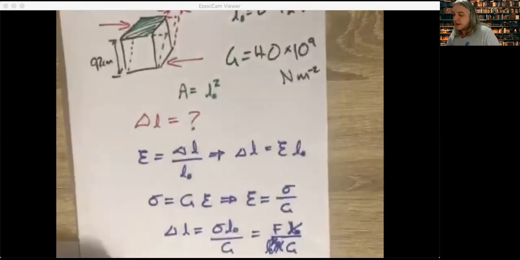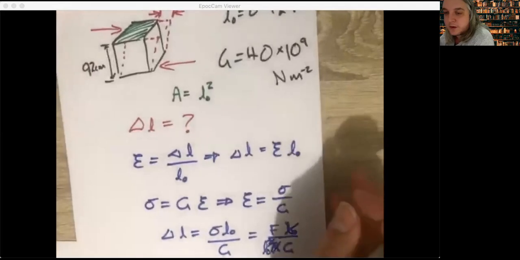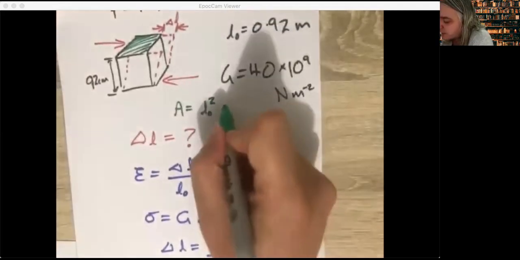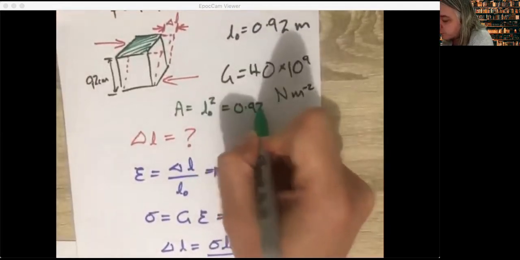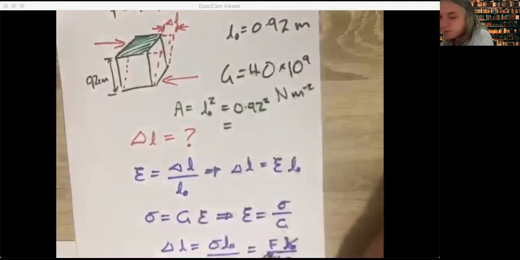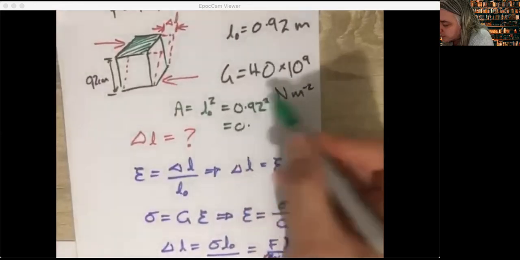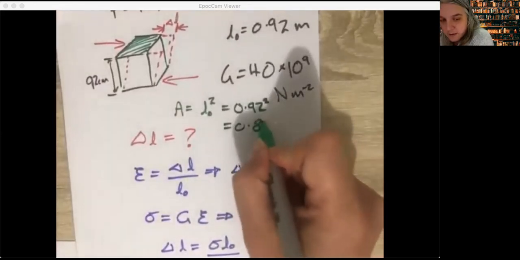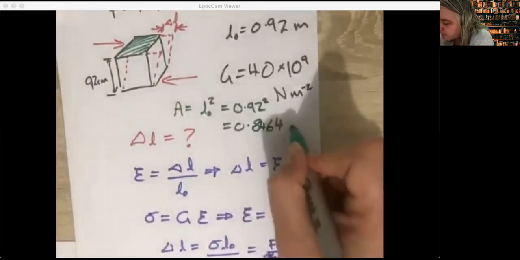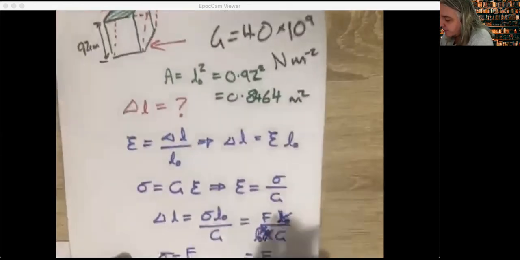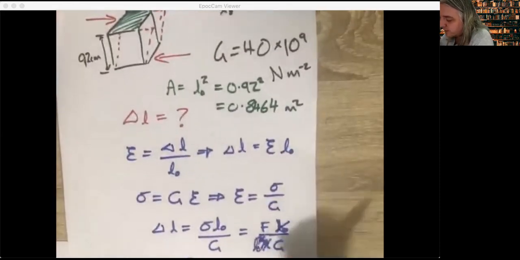Now, some of you may have been tempted to actually calculate this at this point, 92 squared, and get out a value, which is going to be 0.8464, I believe, meters squared. And then you'd put that into this before you replace the A with the L naught.